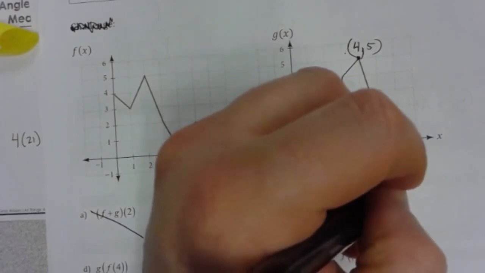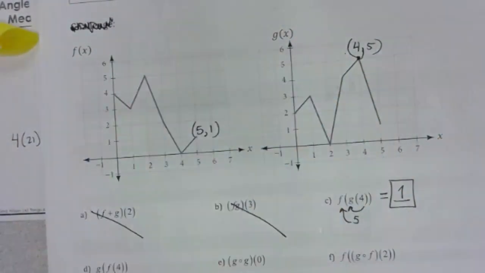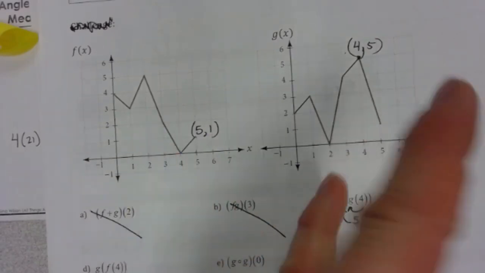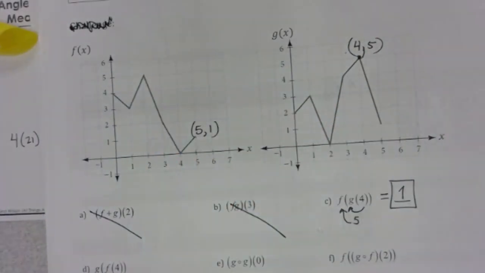And my answer is just 1. So we're interpreting those graphs to kind of manipulate it to what it is. I don't care what the equation is, right? That's not what we're focused on. We're trying to switch back and forth with the x and y's here. Okay? This idea is going to be very important getting to our next topic.